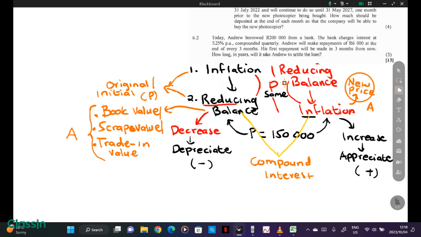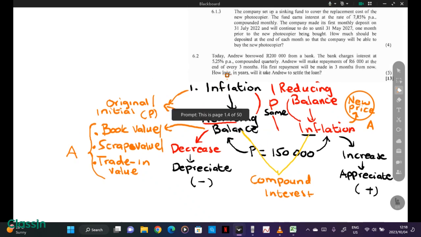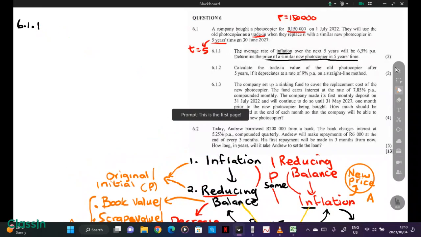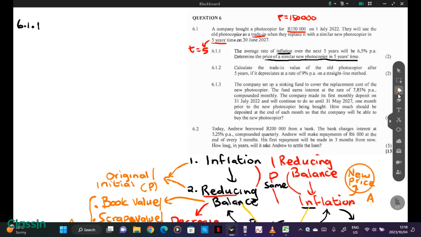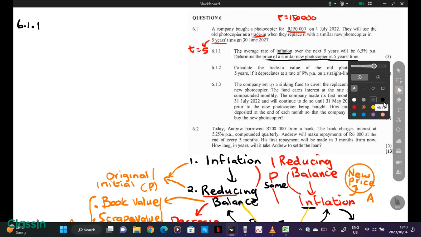So now, with this mind map, we can go and work out question number 6.1, before we proceed to 6.1.2 and 6.1.3. We are now on 6.1.1.